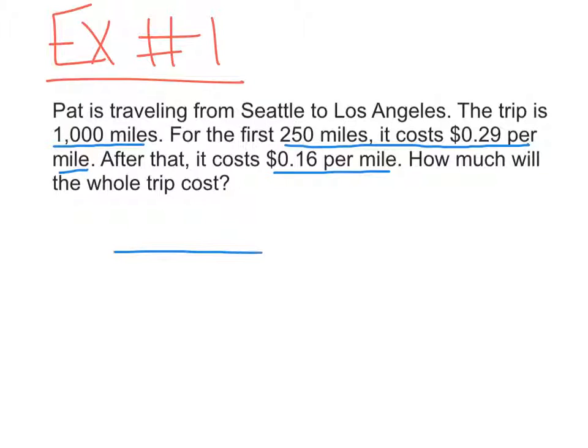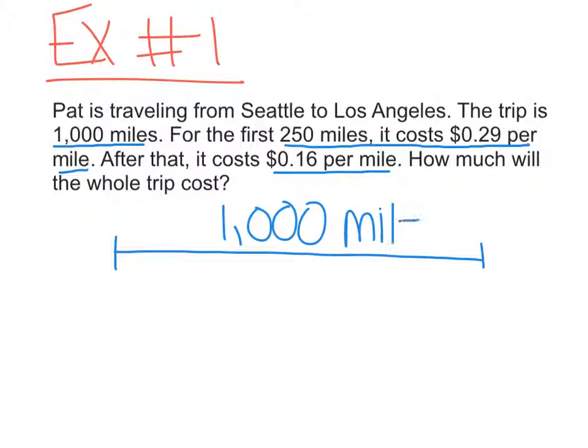So we know that the whole trip, altogether from Seattle to Los Angeles, is 1,000 miles. So that's going to be on the top. Now we're trying to put together the two pieces of her trip.